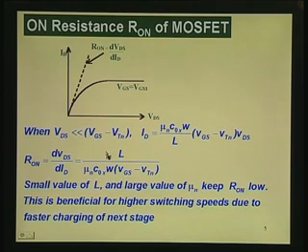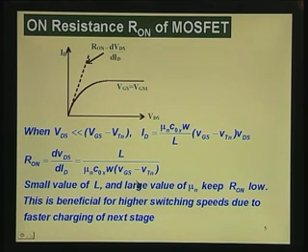I am just putting it, you differentiate it. So, instead of putting delta ID by delta VDS, I am putting delta VDS by delta ID. Okay? That is the resistance, and that resistance is inverse of this quantity, which actually is proportional to length, inversely proportional to mobility.